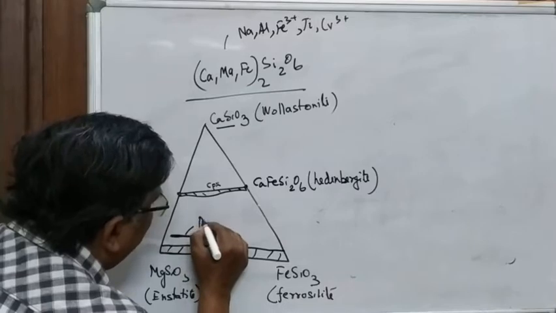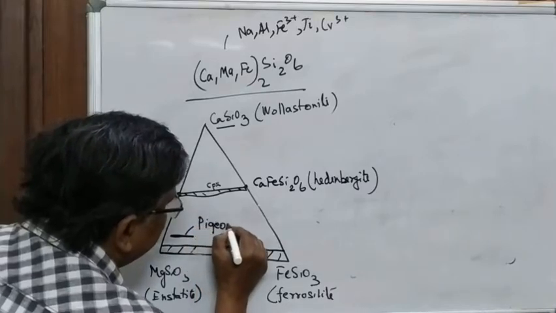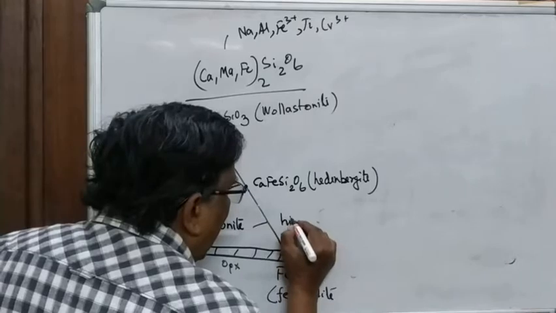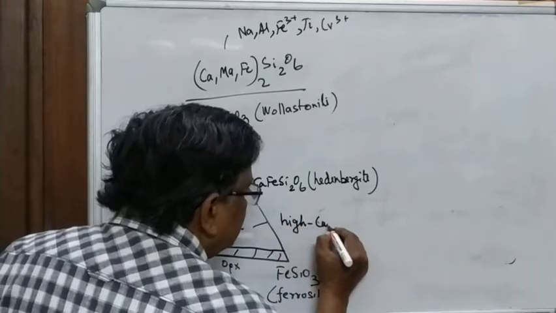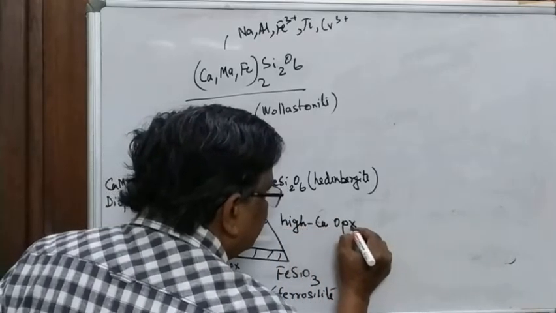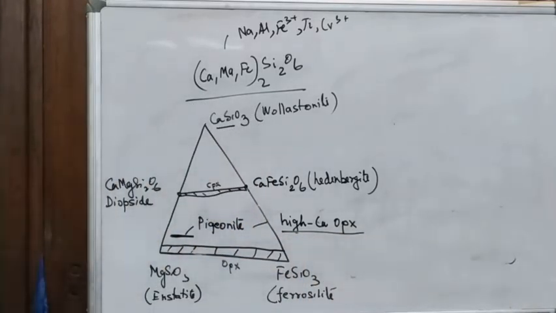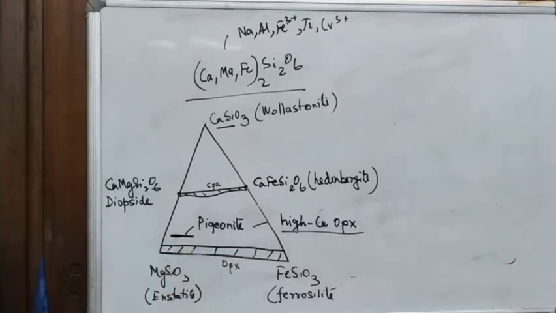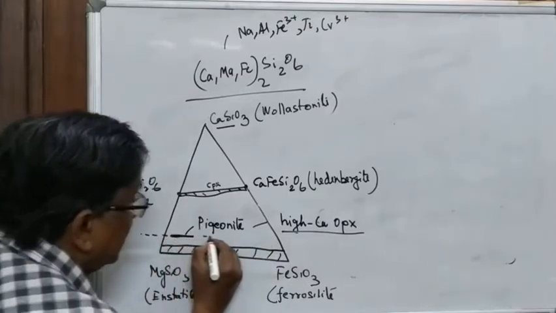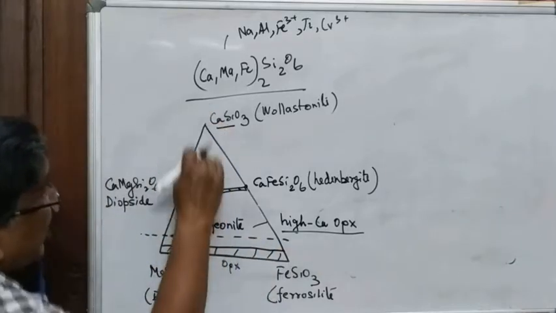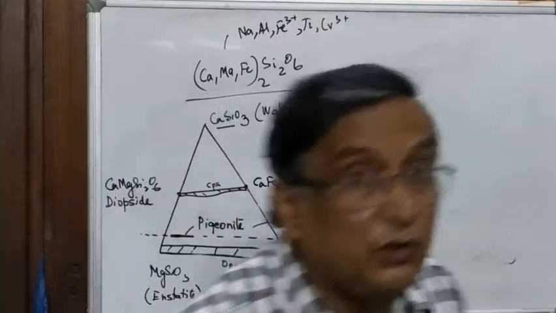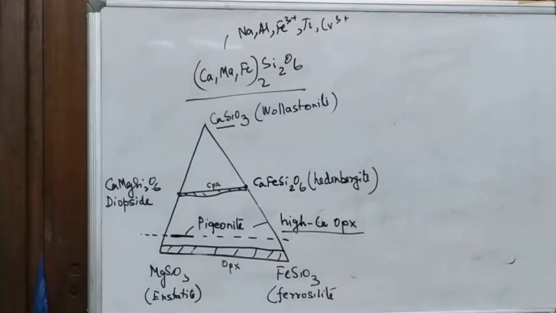This is called the field for pigeonite. This is called high calcium orthopyroxene. Remember, it is not a clinopyroxene. It's a high calcium orthopyroxene because pigeonite, if it's here, contains a higher amount of wollastonite component in the pyroxene.